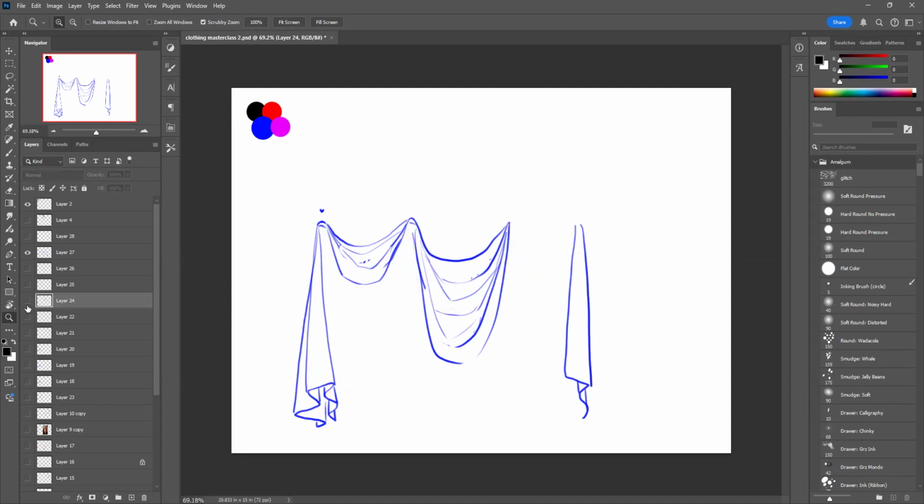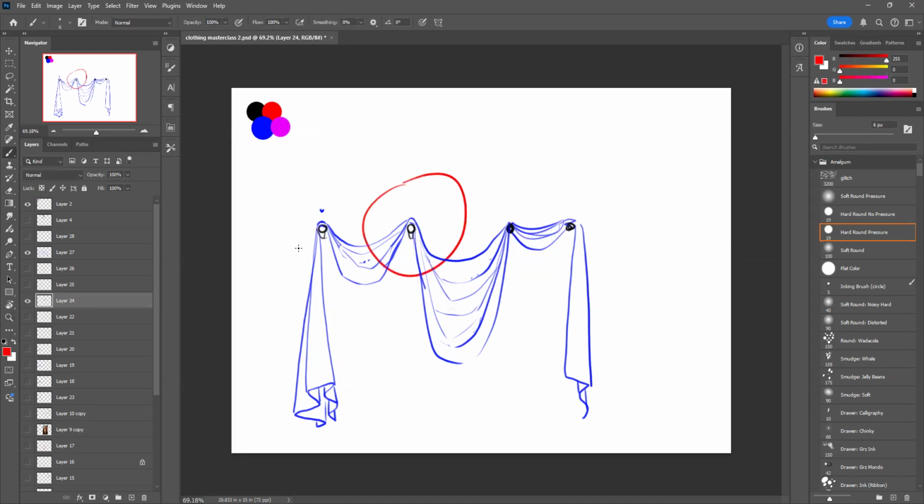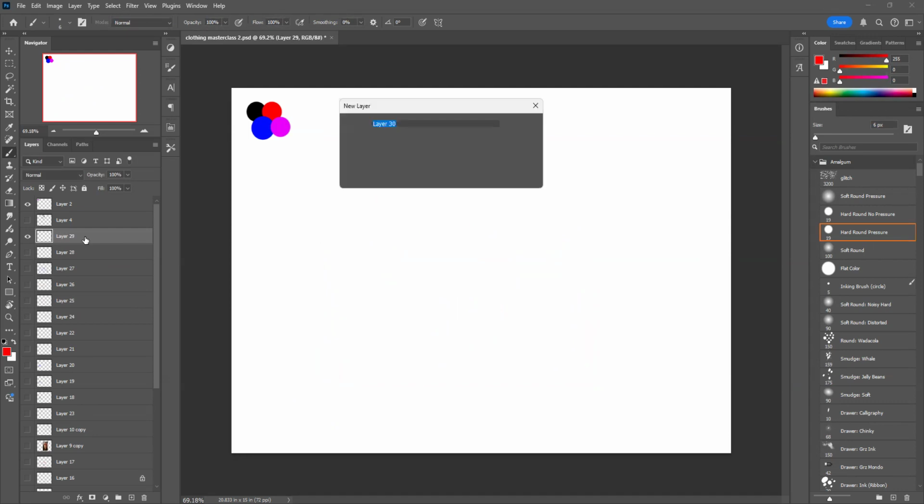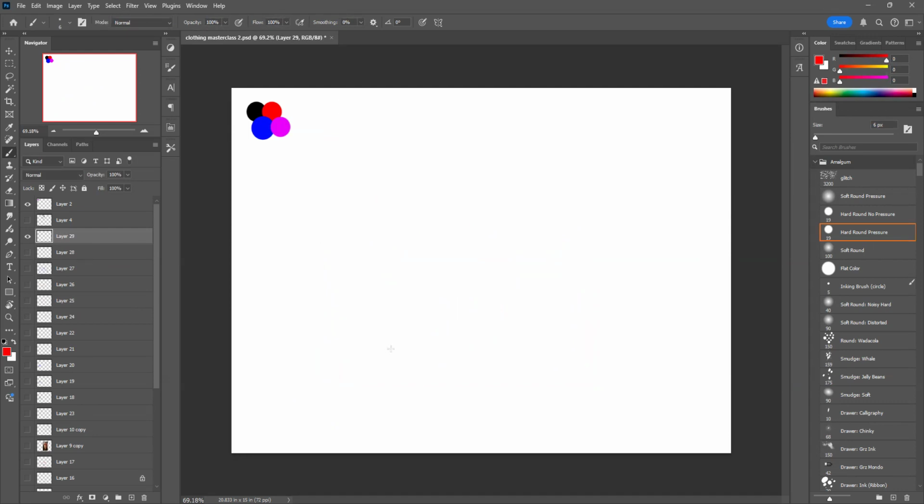Let's take this area and turn it to the side so you can see those compression things I was talking about. So let's turn this off, make a couple new layers. Now we're going to do that side version.